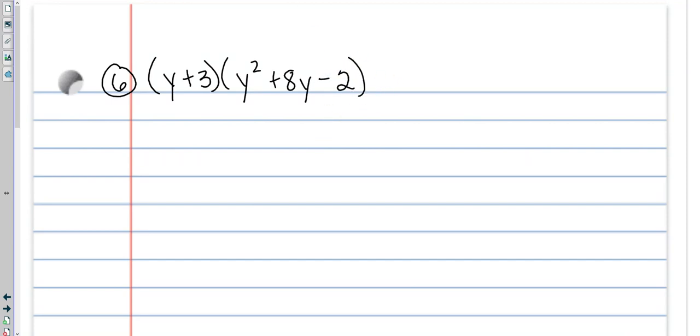Okay, so I'm actually going to use the distributive property to solve this one. So I'm going to start with y, and I'm going to distribute it into each of the terms in the trinomial. So when I do y times y to the second power, I have y to the third power. Y times 8y is positive 8y squared. And then y times negative 2 is negative 2y.